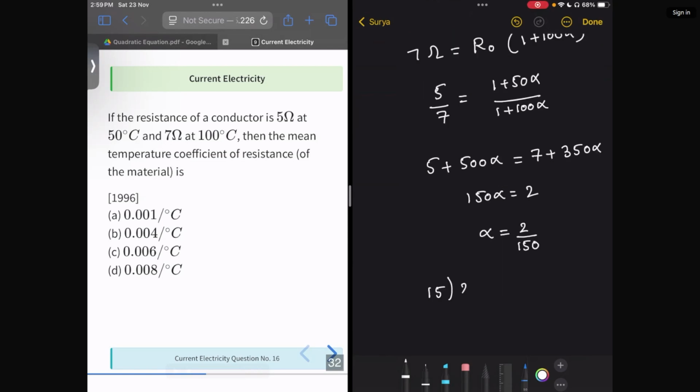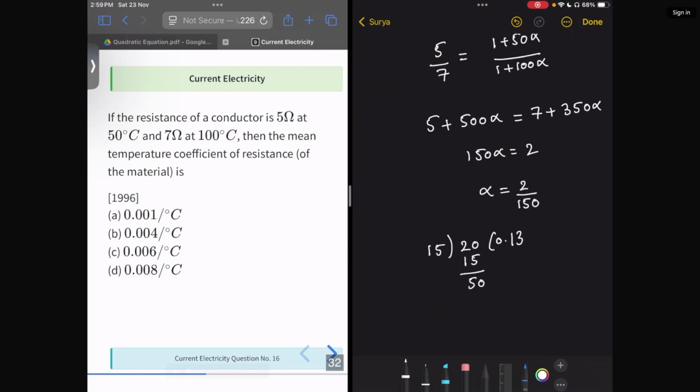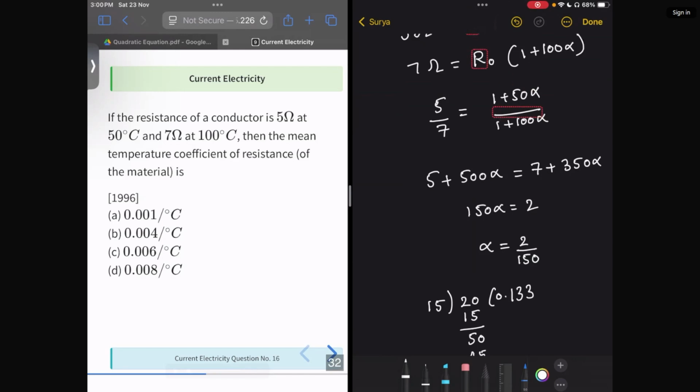But this is actually alpha, and they are asking for the mean temperature coefficient.